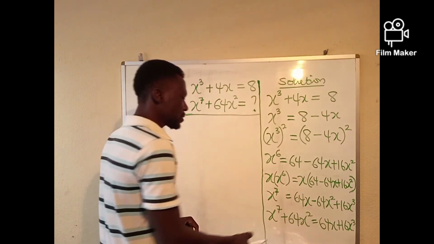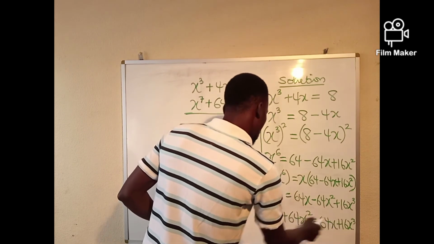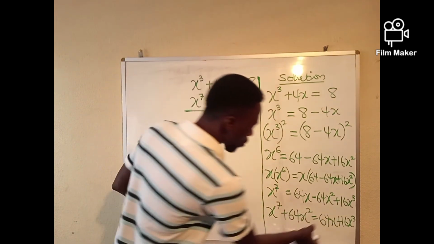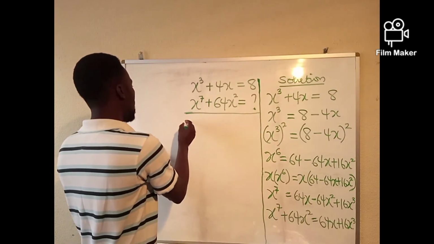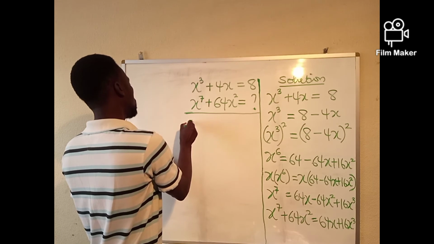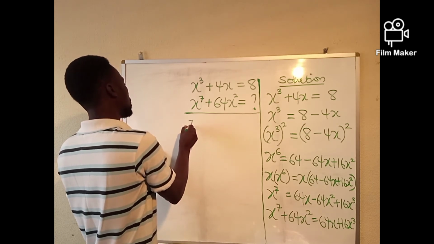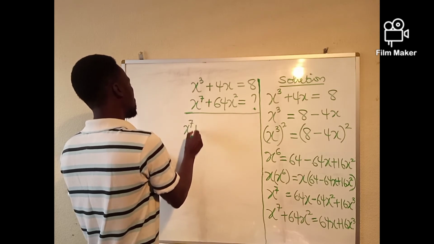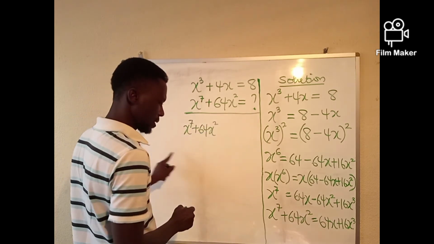But then, when you study this equation carefully, you will see that there is something common here. 16 is common to both terms, which we need to factor. So let's write it properly: x to the 7th plus 64x squared.